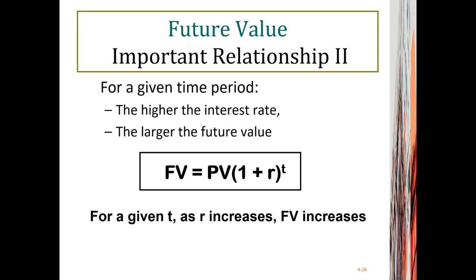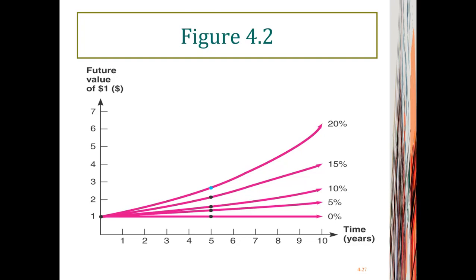And the second most important relationship is relationship between interest rate and the future value. And here, if interest rate is getting higher, future value will increase. Right? Not linearly, but exponentially. And here you see the exponential growth of future value based on increase in interest rate and increase in number of time periods.